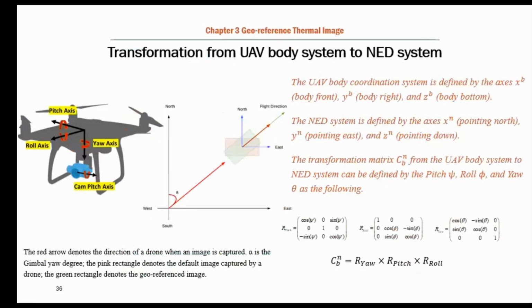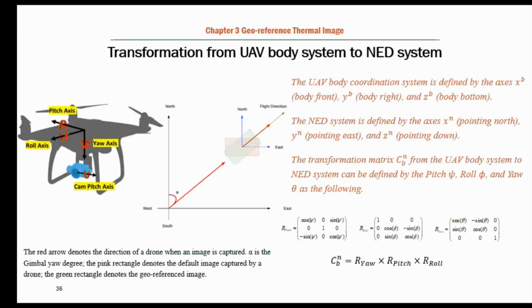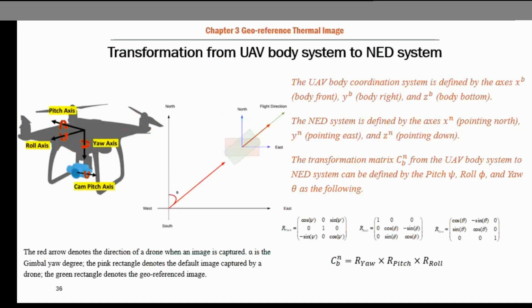The key is to implement the transformation matrix. We need to construct the transformation matrix. First, we construct the transformation matrix between the UAV body system and the NED system.